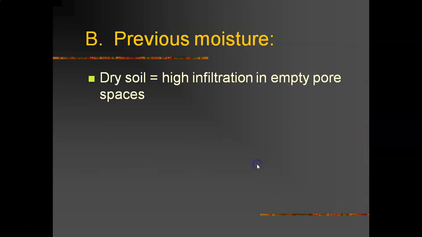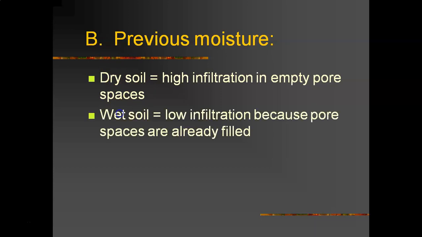Another factor that determines the infiltration rate is previous moisture. If it's been dry for a long time, the infiltration is going to be pretty high, as best as it can be depending on the soil that you have, because the pore spaces are empty, and so you've got plenty of availability to fill them.